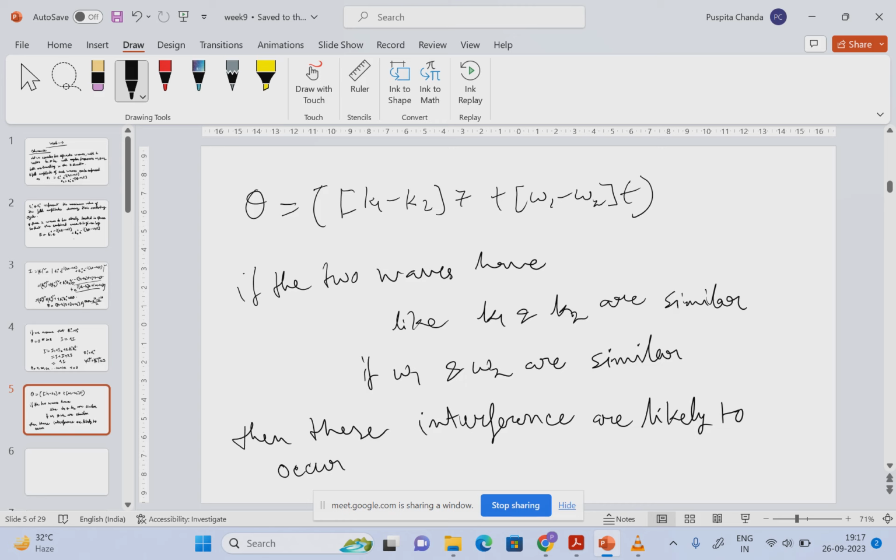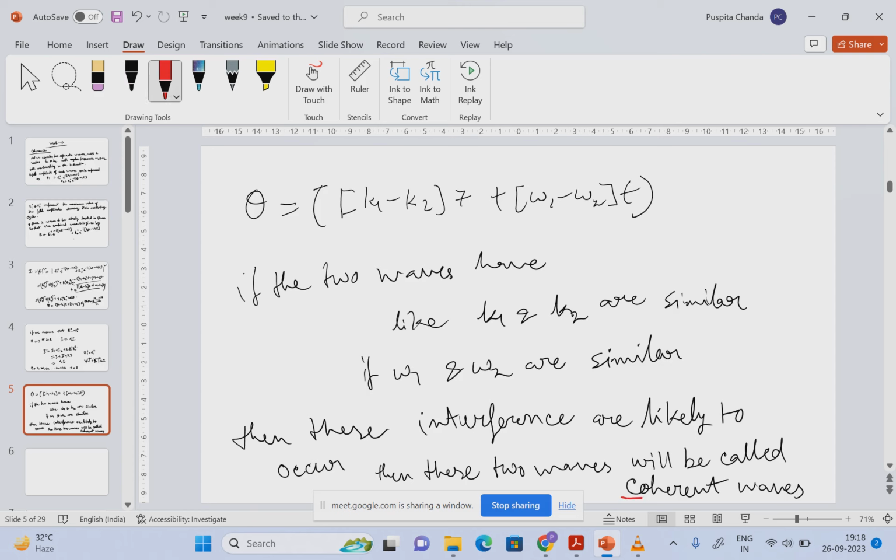So then these two waves will be called coherent waves. Okay.